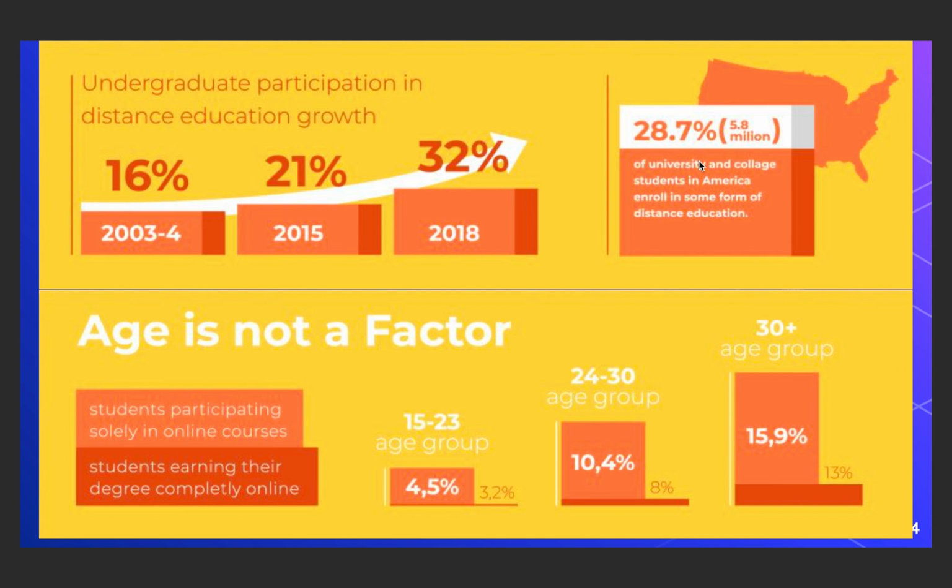Also, as you see, year by year, undergraduate participation in distance education is growing. For example, in 2003 and 2004, there was only 16%, but 2 years before 2018, it grew twice.